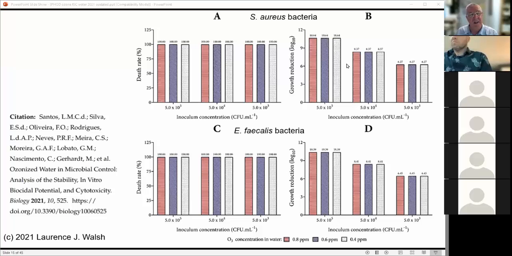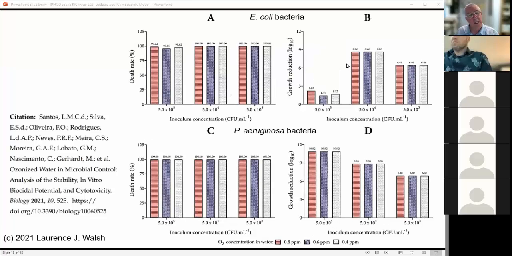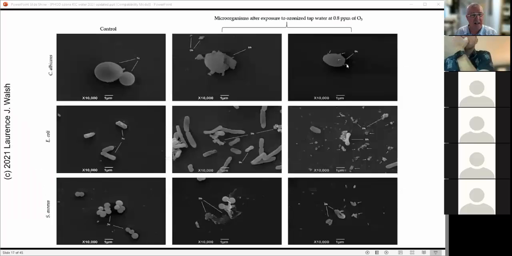They have fairly tough outer membranes. When you look at gram-negative bacteria like E. coli and Pseudomonas, the killing effect is slightly different. So when you're looking at how much ozone you need, you always calculate that based on the toughest target, not on the easiest target.